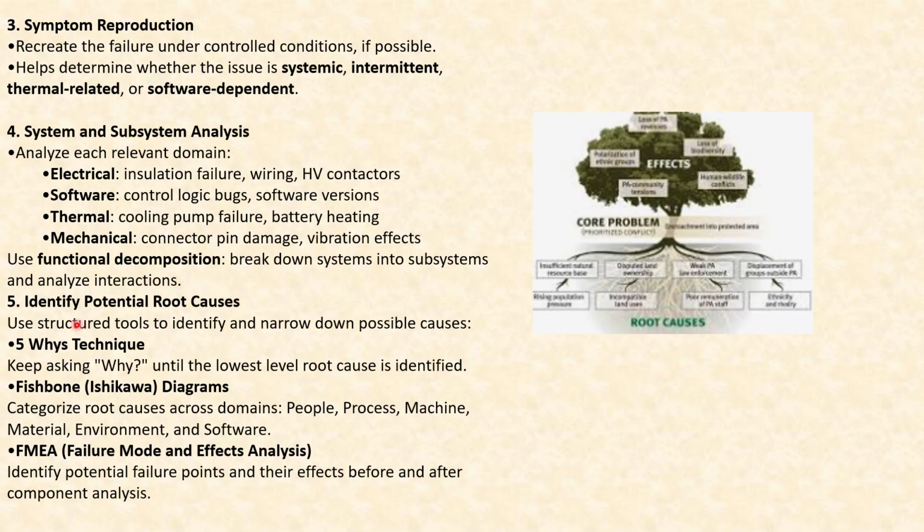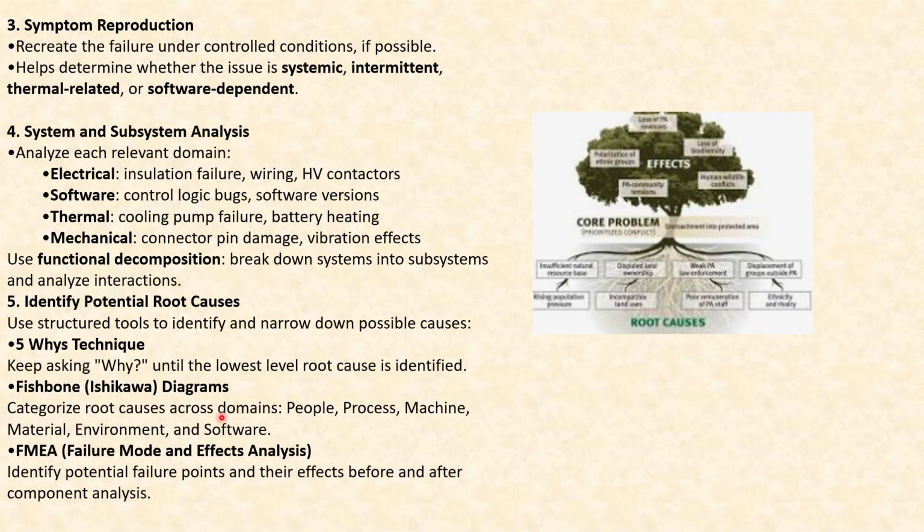Now coming to identifying potential root causes. Use structured tools to identify and narrow down the potential causes. Now, the 5 whys technique: keep asking why until the lowest level root cause is identified. This is a very important technique. And one more important tool is the fishbone or Ishikawa diagram, because this particular fishbone technique was developed by a scientist called Ishikawa.